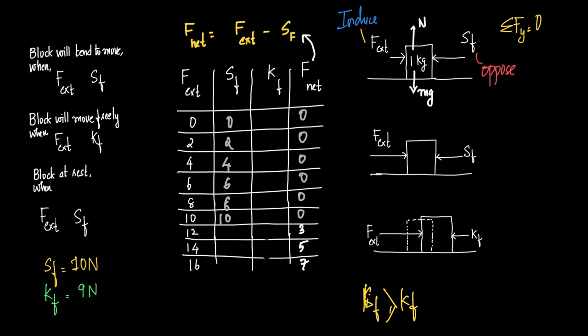I can write here that F net is actually the difference of F external and static friction, right? The signs is something that we can discuss later. Let me just say this is the difference of F external and static friction.